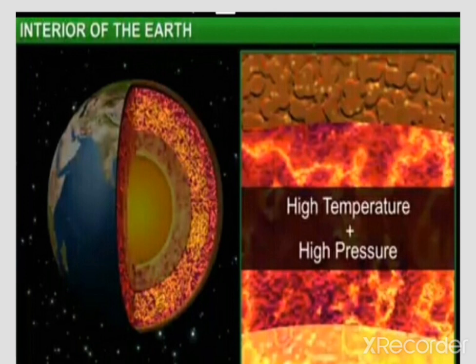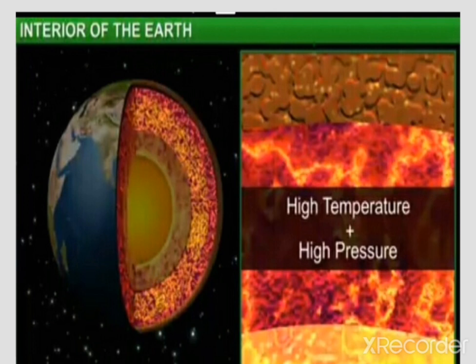Okay, and also we have discussed that in the upper mantle layer the density is 4.5 gram per centimeter, and in the lower mantle layer the density is 5.7 gram per centimeter. It means as we move deeper, we have noticed that the density of the material increases. And what is the reason behind that?